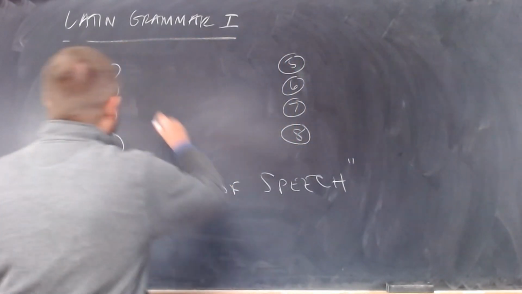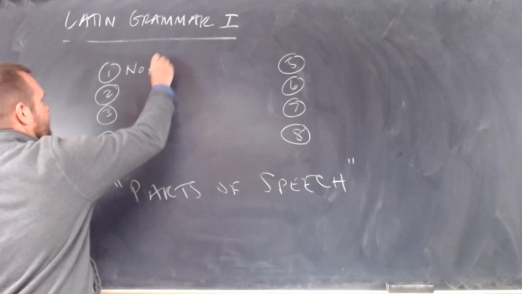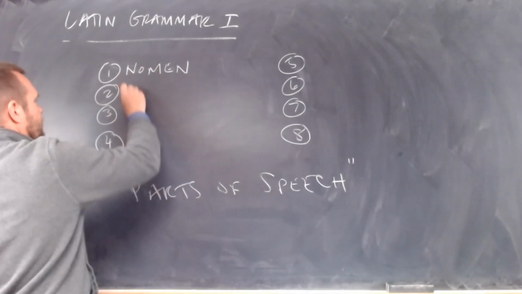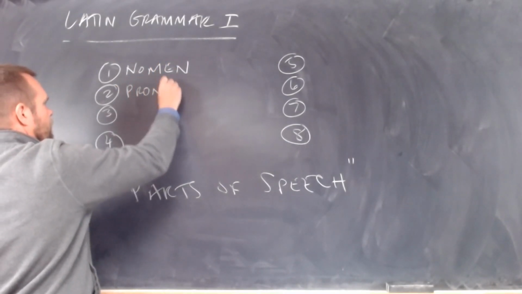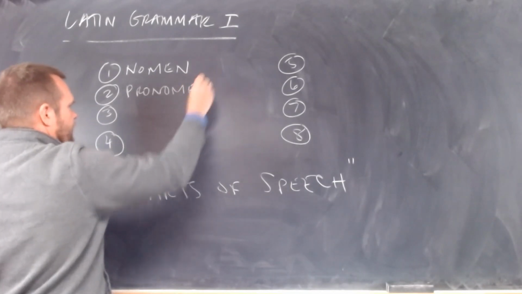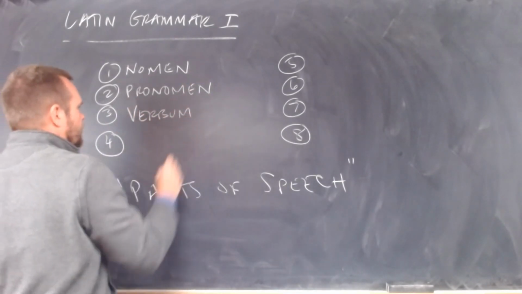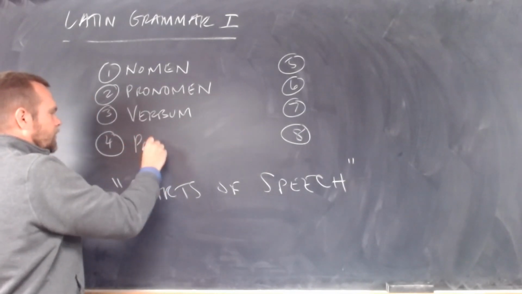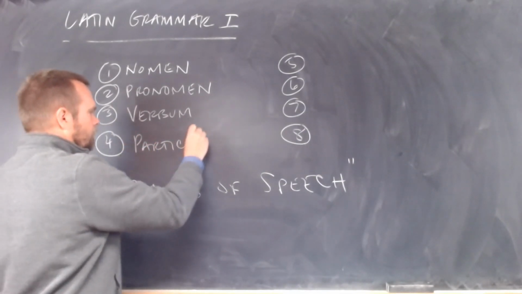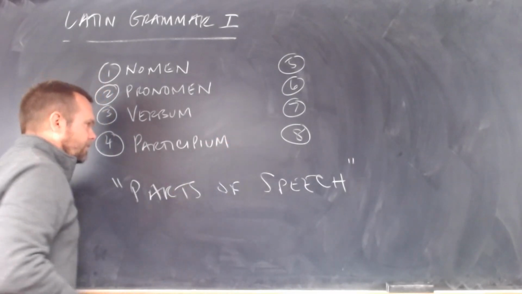Nomen is the first one. Pronomen is the second one. Verbum is the third, and participium is the fourth.